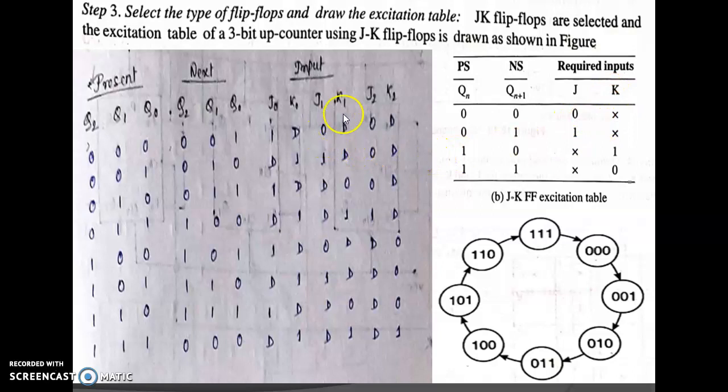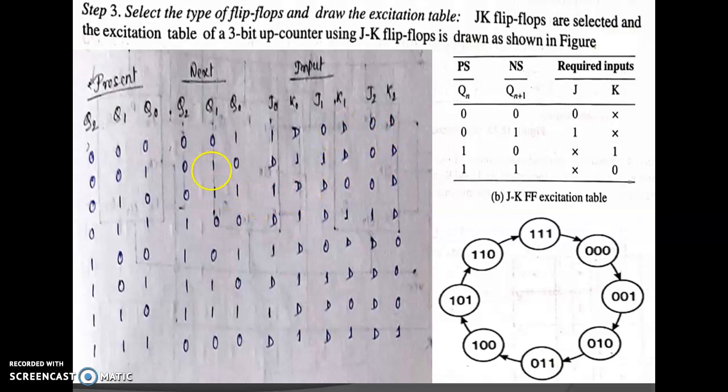Next, present state Q1 value 0, next state Q1 value 1. This time the value is 1 D. We will extract the remaining value of the J1 K1 flip-flop in the same process.